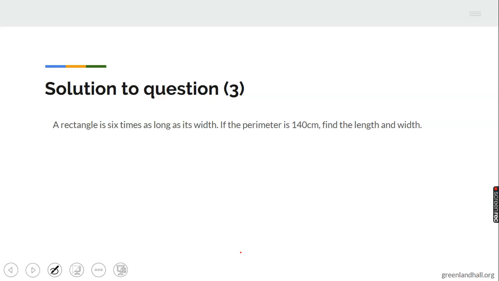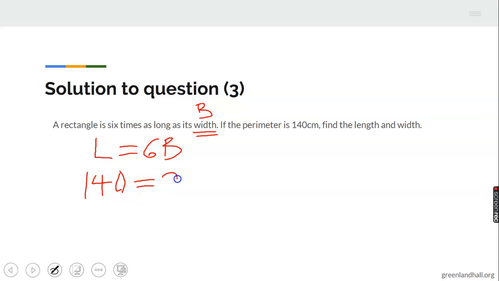Let the length be L and the breadth be B, because the breadth is the same thing as the width, which is B. So the length of the rectangle is 6 times its width. That will be 6 multiplied by the breadth. That is the meaning. Then the perimeter is 140.